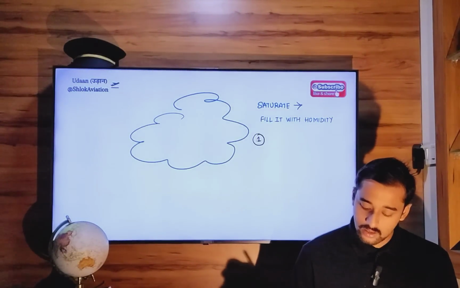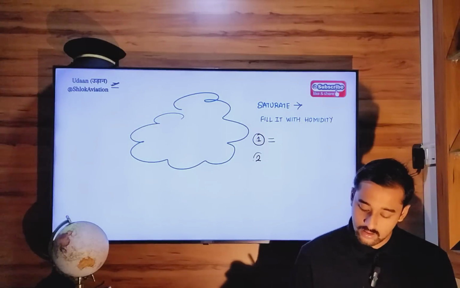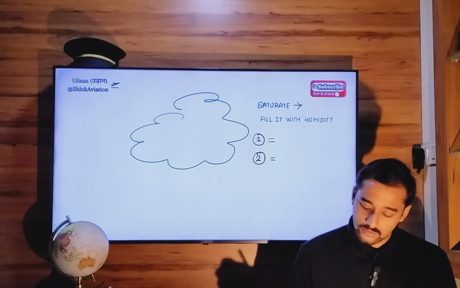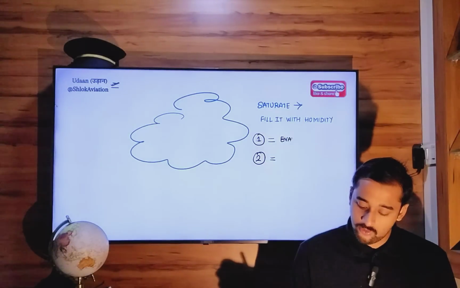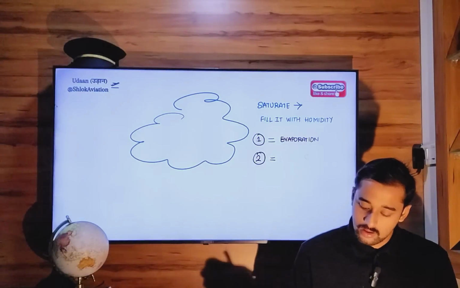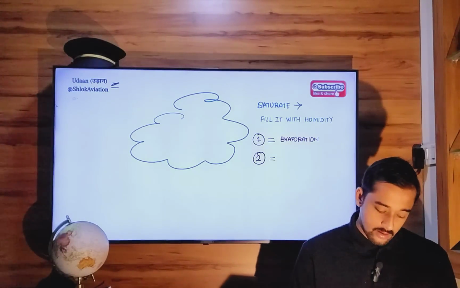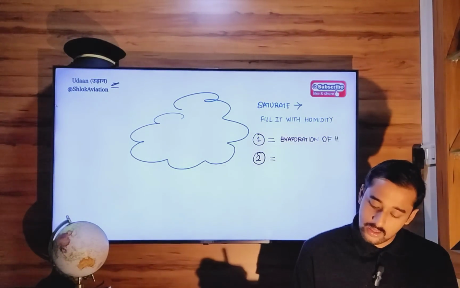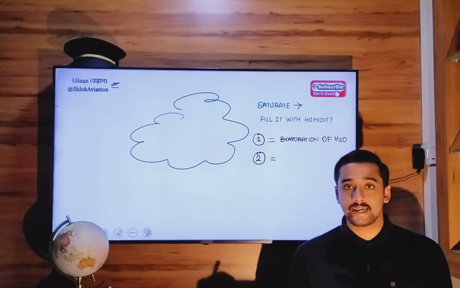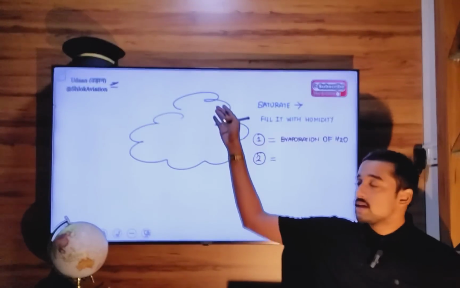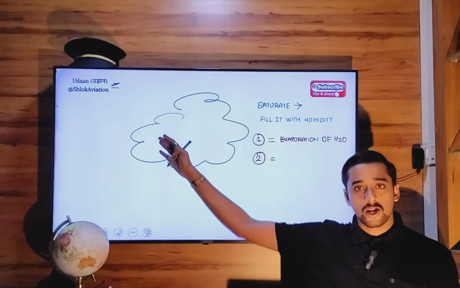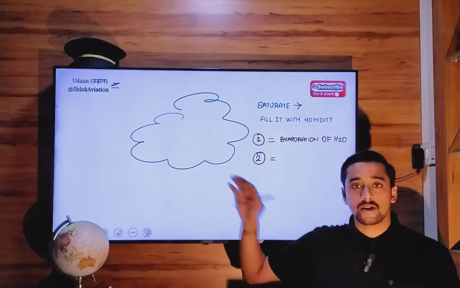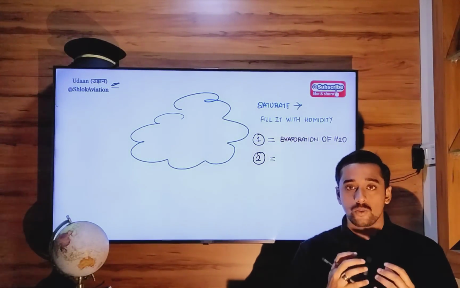First, by evaporation of water, and all that gaseous water vapor gets filled in this parcel of air, or gets trapped in this particular parcel of air, and as a result this air mass becomes fully saturated, becomes packed with water vapor.